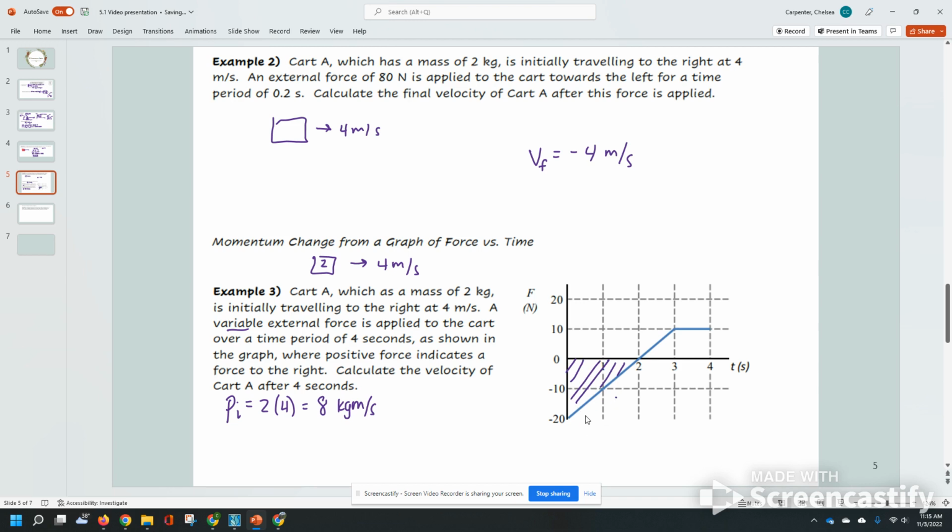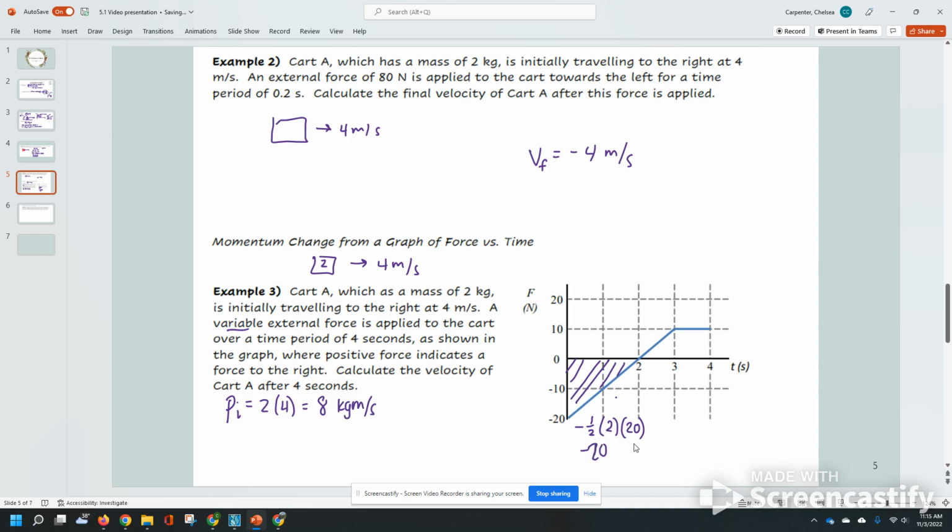So my change in momentum there is negative 1/2 times 2 times 20, which is... no, it's not. It's -20. Sorry, half of 2.